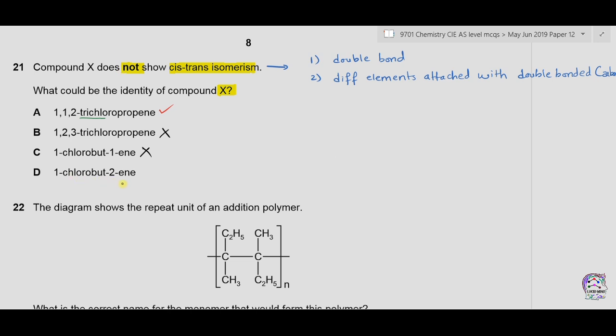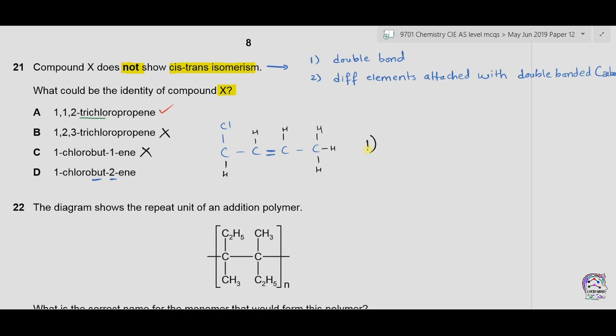It is 1-chloro-but-2-ene. So again we have 4 carbon atoms in the long chain, and on second carbon we have double bond as it is 2-ene. On first carbon atom we have chloro, 1 chloro, rest of the hydrogen atoms. Let's find out the conditions.